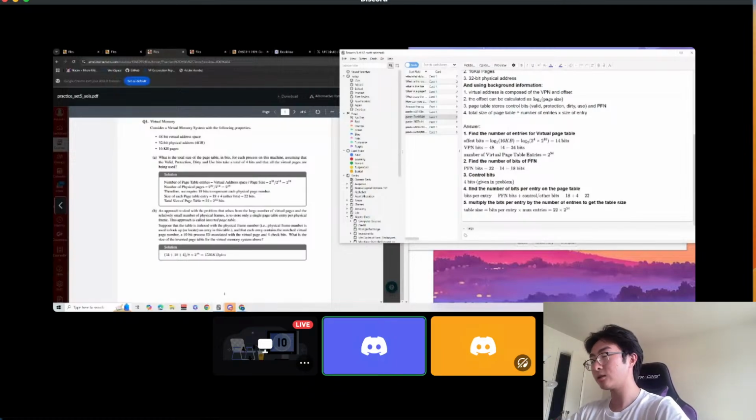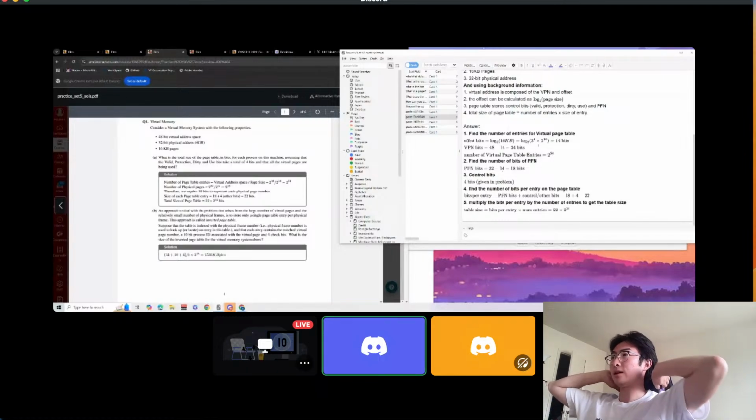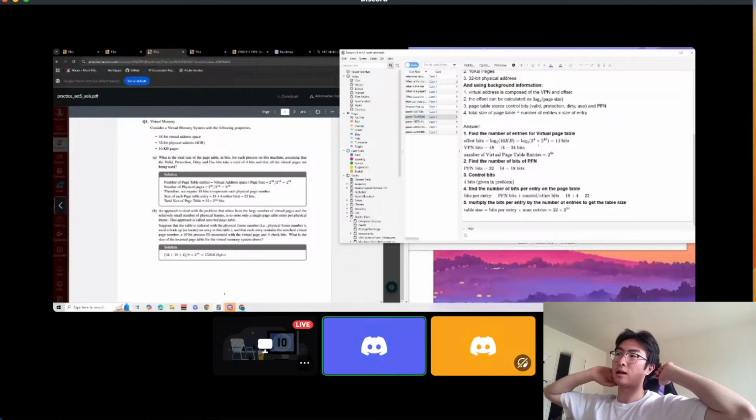And then what's actually stored within this table is going to be the physical frame number, which is going to be an 18-bit sequence, 32 minus 14. The offset here is the same as the offset in the virtual page, because I think the physical frame and the virtual page should be the same exact size.